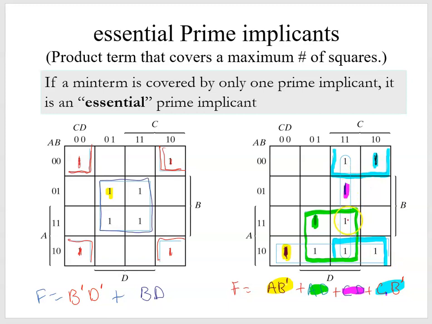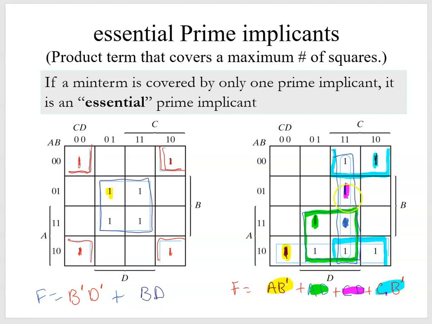If we picked, for example, this one, and we tried to determine if there's an essential prime implicant associated with it, there are 2 prime implicants associated with it. We have the green associated with it, and we have this one here associated with it. So it has 2 prime implicants.